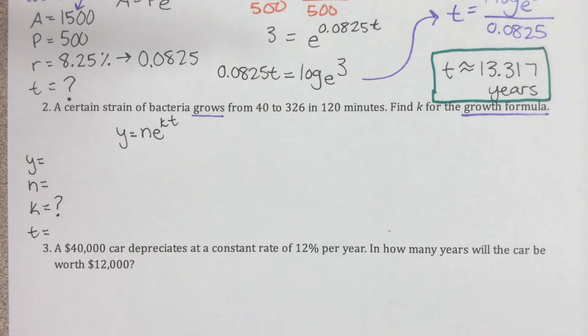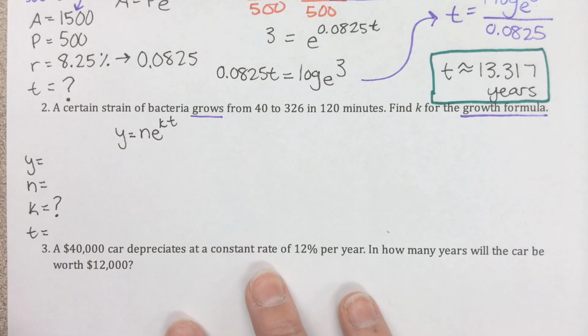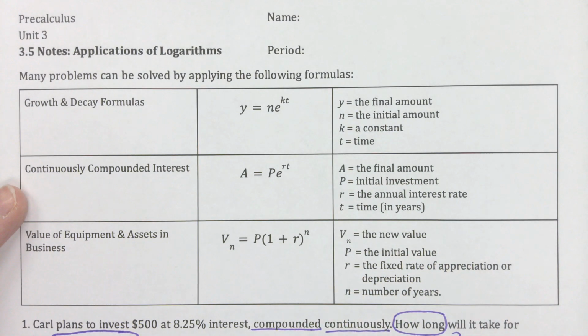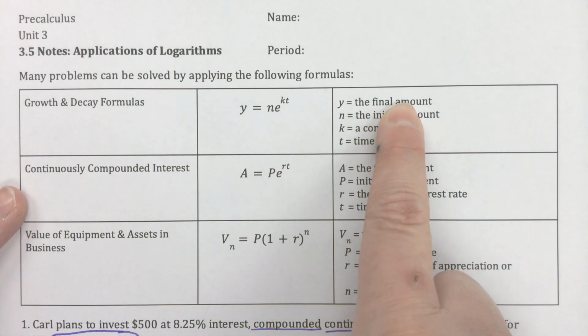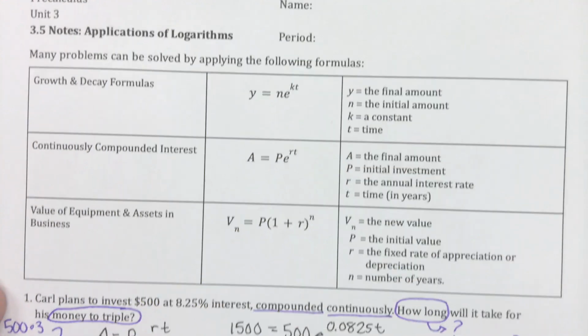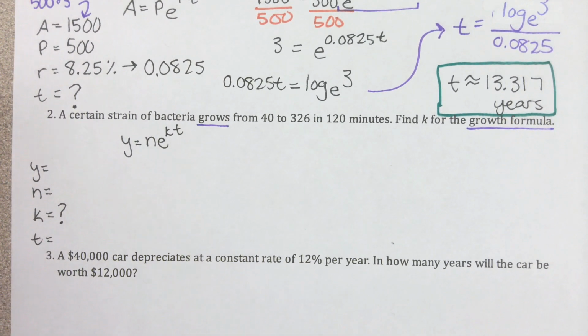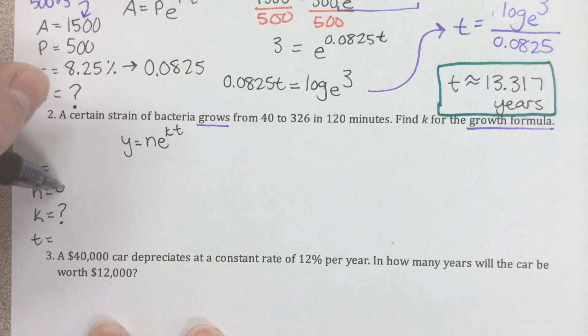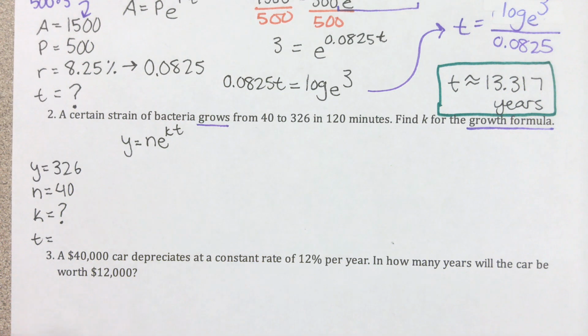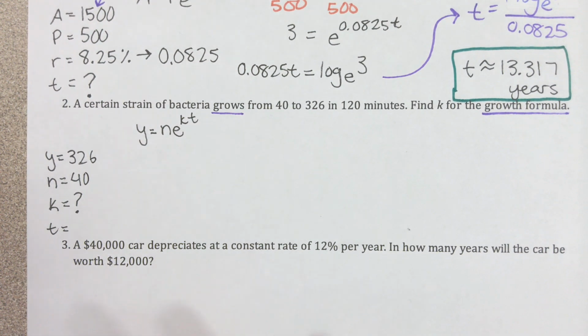And we're told that the bacteria grows from 40 to 326. If we go back up to the explanations for the different variables, n is the initial amount, so what you start with, and y is the final amount, so you can think of n as the before and y as the after. So we start with 40, n equals 40, and we end with 326. And t is 120.